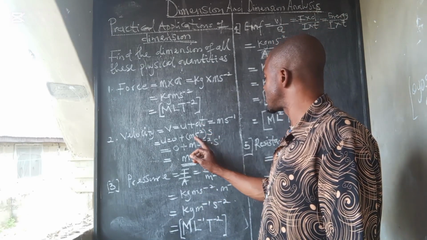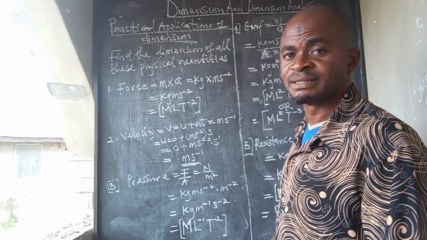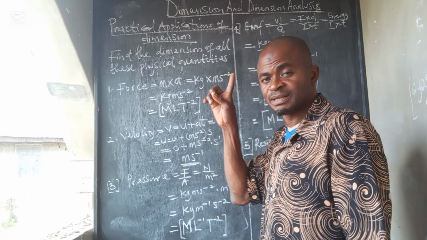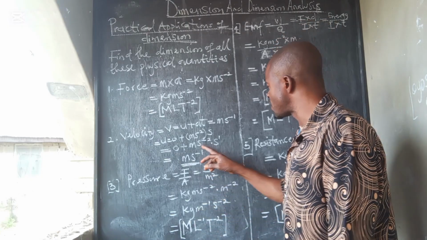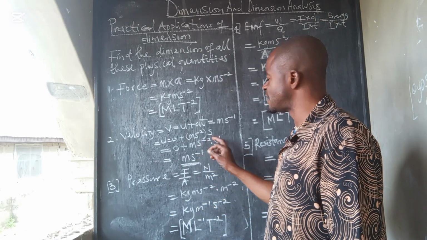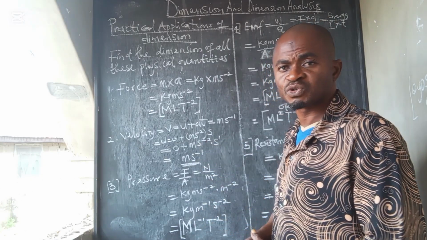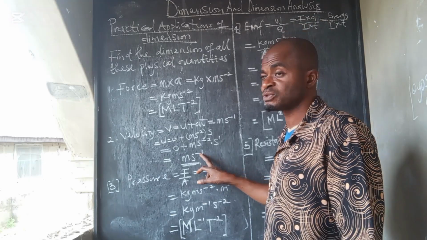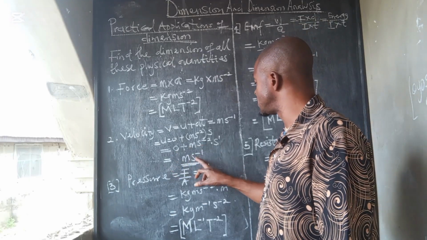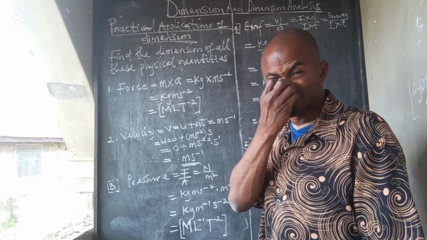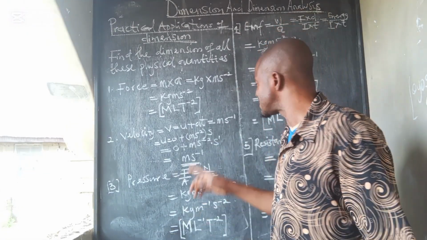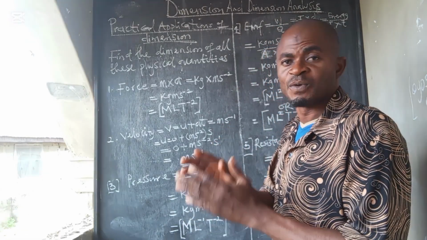When you open the bracket, according to the law of indices that I taught you in the previous video, when you have a common base, you collect their powers together. Minus 2 plus 1 will give us minus 1. Simply means that 0 plus this will be s raised to power minus 1. That is the SI unit for velocity.